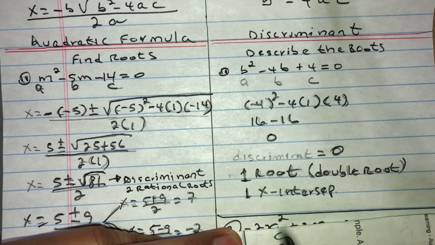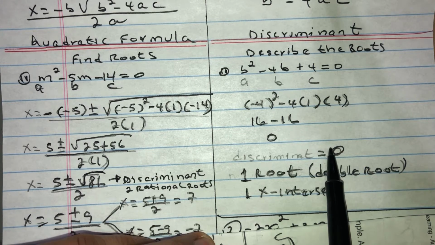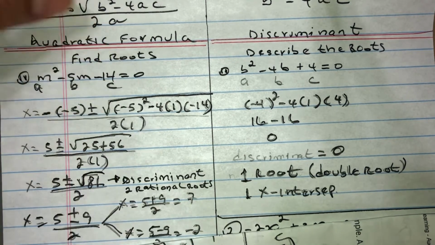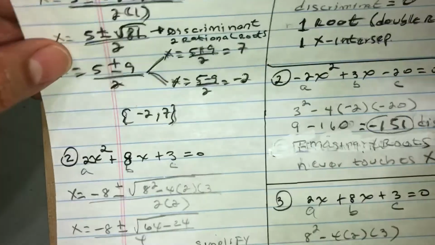Just one, okay? So remember, it's two different things, discriminant and quadratic formula. So let's do another quadratic formula when it's going to be a little more, I won't say difficult, but it will take a little more work, okay?